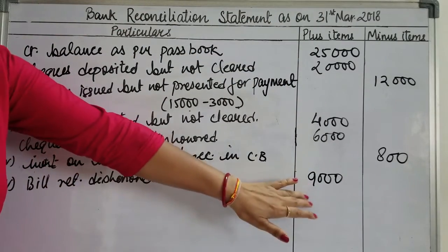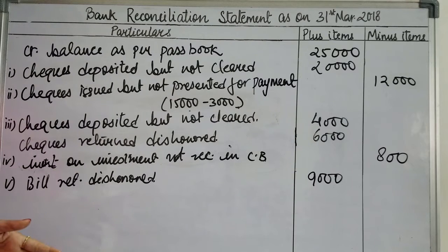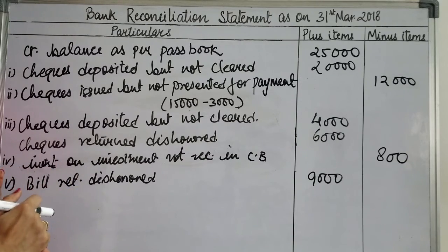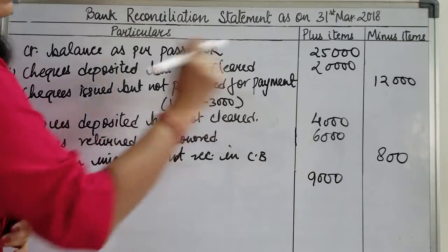This amount of 9,000 is added as no intimation of dishonour was received from the bank till 31st March, so the cash book must be showing a higher balance. To bring the balance of passbook at par with the cash book, this 9,000 is added to the balance of passbook.